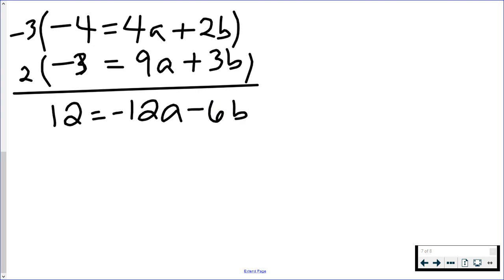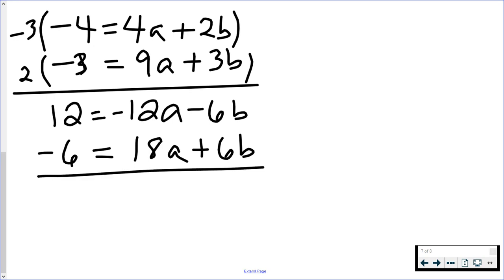So the top equation becomes 12 equals -12a minus 6b after I multiplied by -3. The second equation becomes -6 equals 18a plus 6b. Now I've got a -6b and a positive 6b. If I were to add that column together, they cancel.